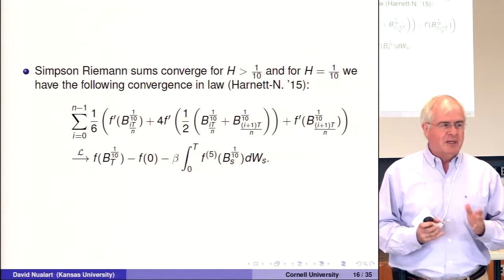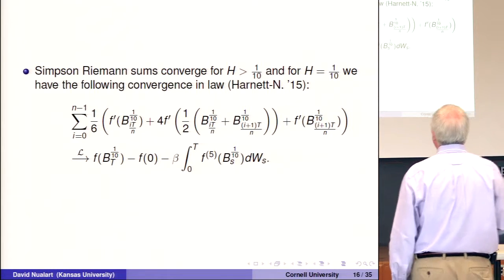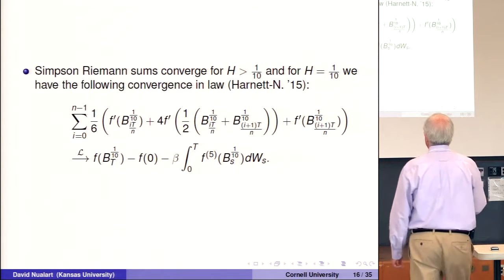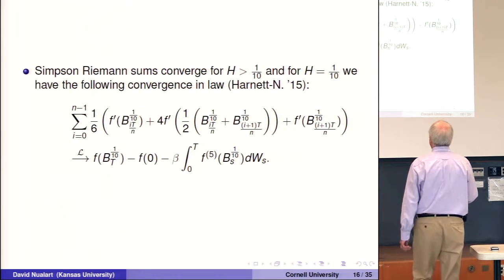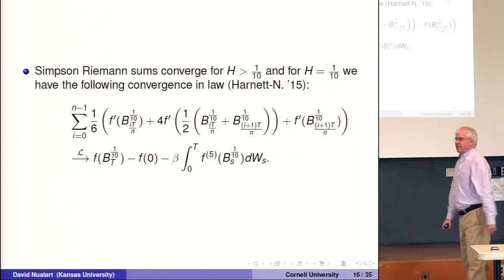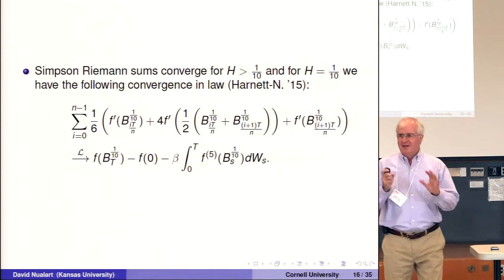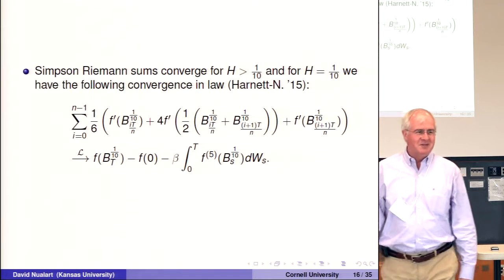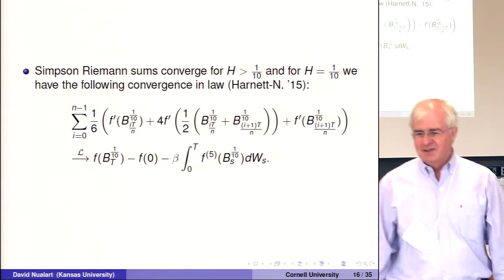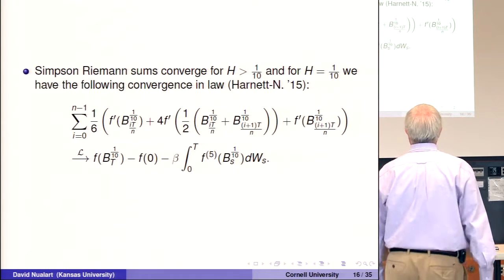This means that for H bigger than 1/10 you have convergence, and for H equal to 1/10 you have convergence in distribution, and the limit is a stochastic integral with respect to the independent Brownian motion, and there is a fifth derivative that appears here. Okay, and we stop here. This was already very long and very complicated. So let's pursue these two other approximations that exist in the directions.